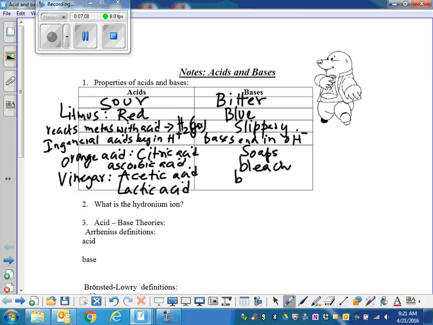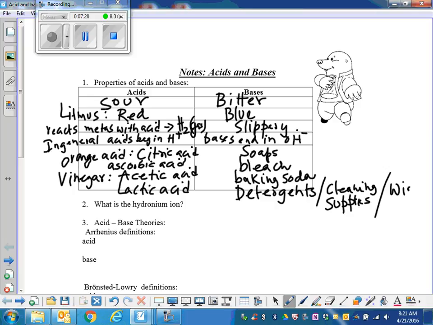Baking soda. All detergents, cleaning supplies, Windex. All these are generally bases. Your drain cleaners, anything is a base. Acetone is a separate class of compound. Okay, let's distinguish.